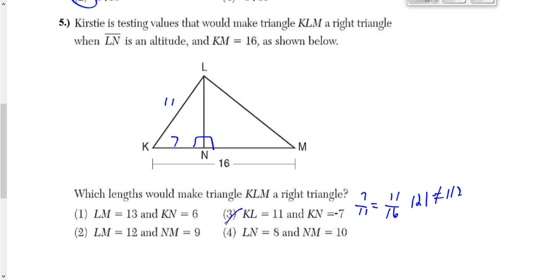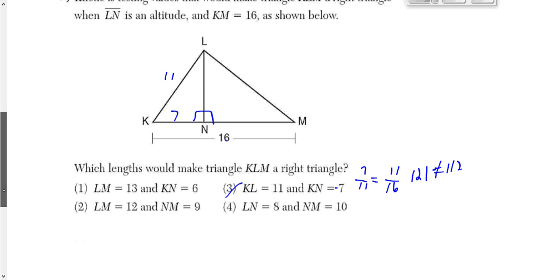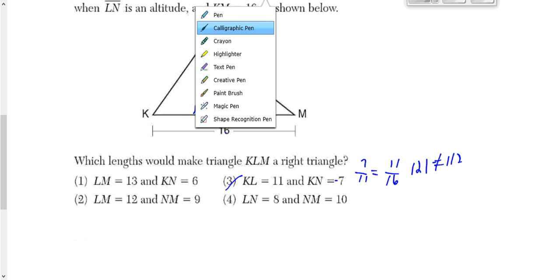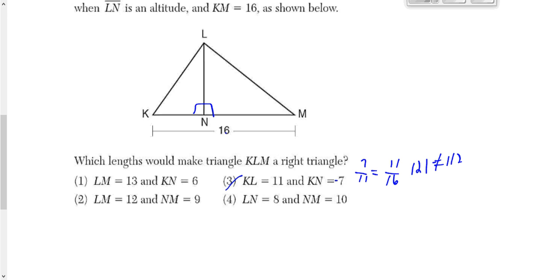Okay, let's check 2 then. Let me get rid of these guys. So for 2, if LM is 12 and NM is 9, let's see if that works. What would be the proportion to check?